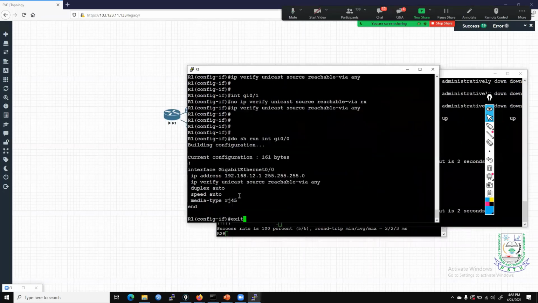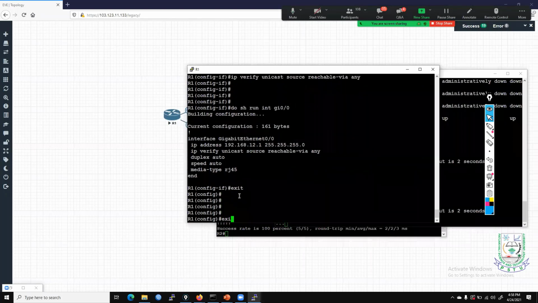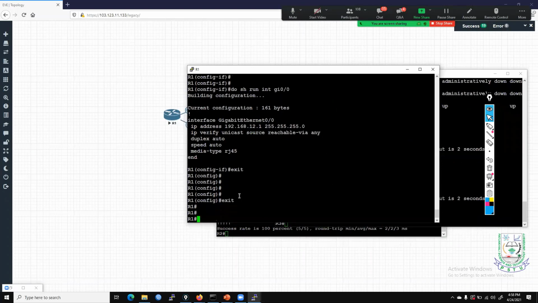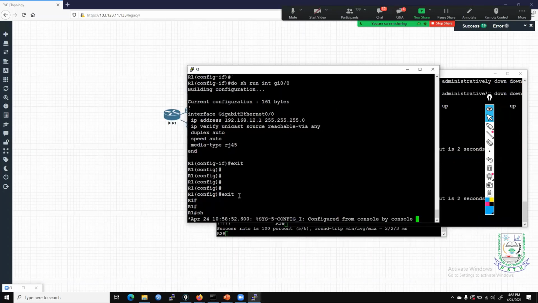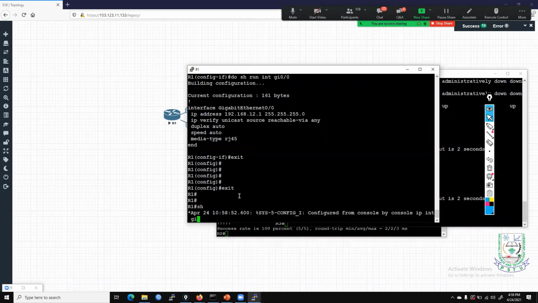But if we check the interface configuration, show interface gig 0/0 include drop.